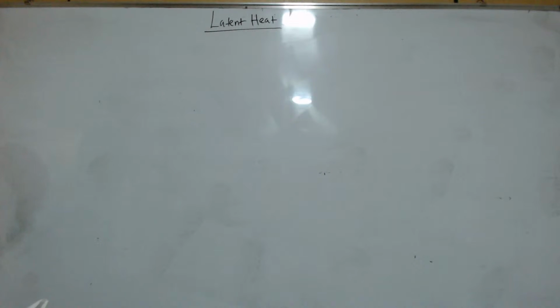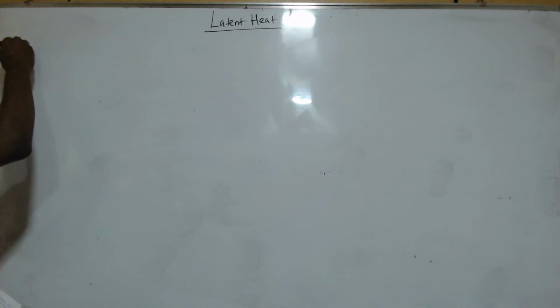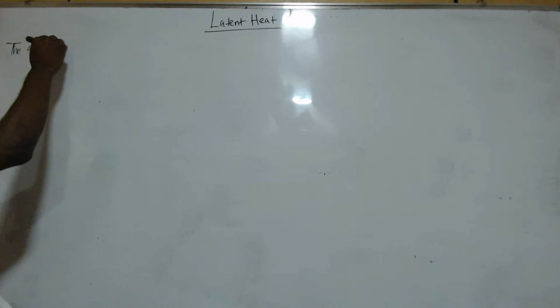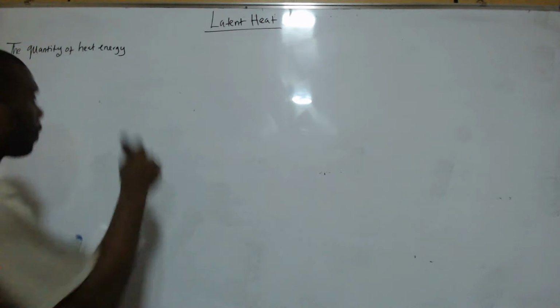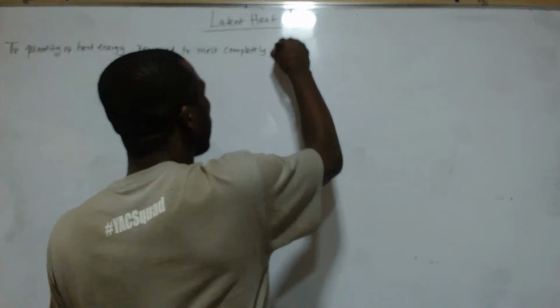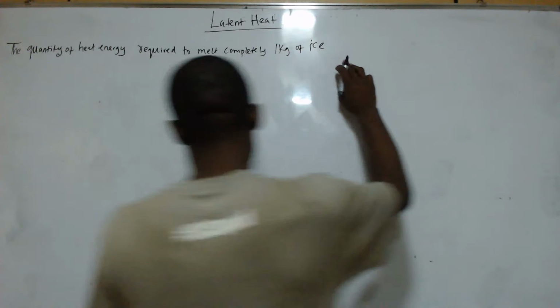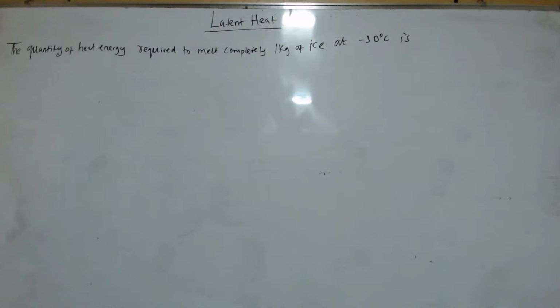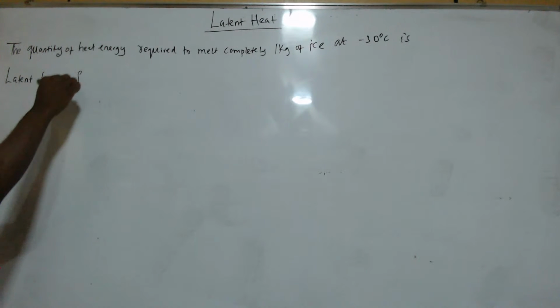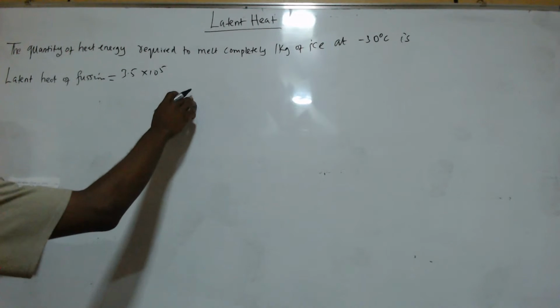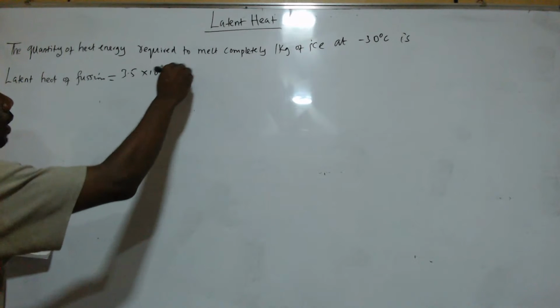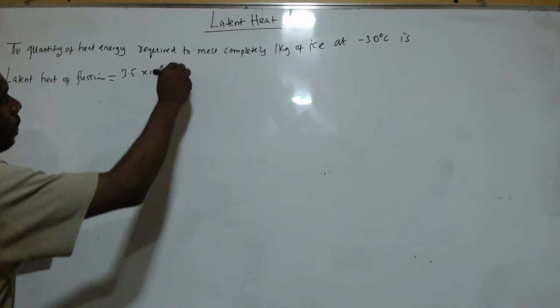We have the quantity of heat energy required to melt completely 1 kg of ice at 30 degrees below zero. The latent heat of fusion is 3.5 times 10 to the power 5 joule per kilogram, sorry.